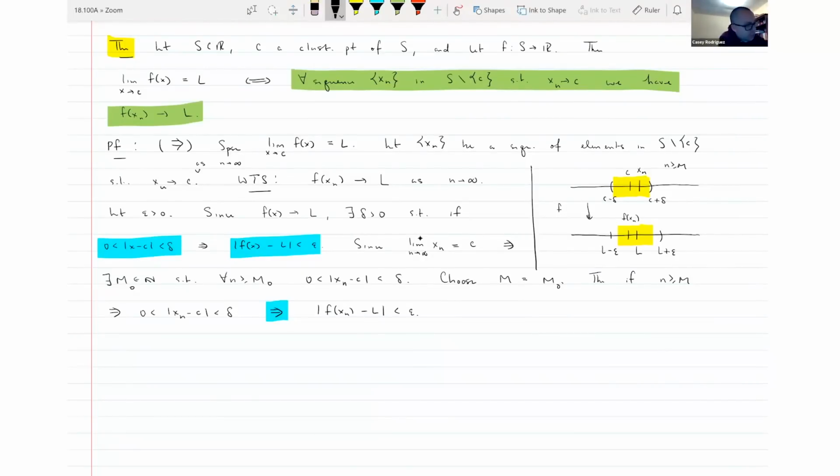That's what we wanted to do. We wanted to show that there exists some natural number M so that n bigger than or equal to M implies the absolute value of f of x_n minus L is less than epsilon. Therefore we've proved that the limit as n goes to infinity of the sequence f of x_n equals L.